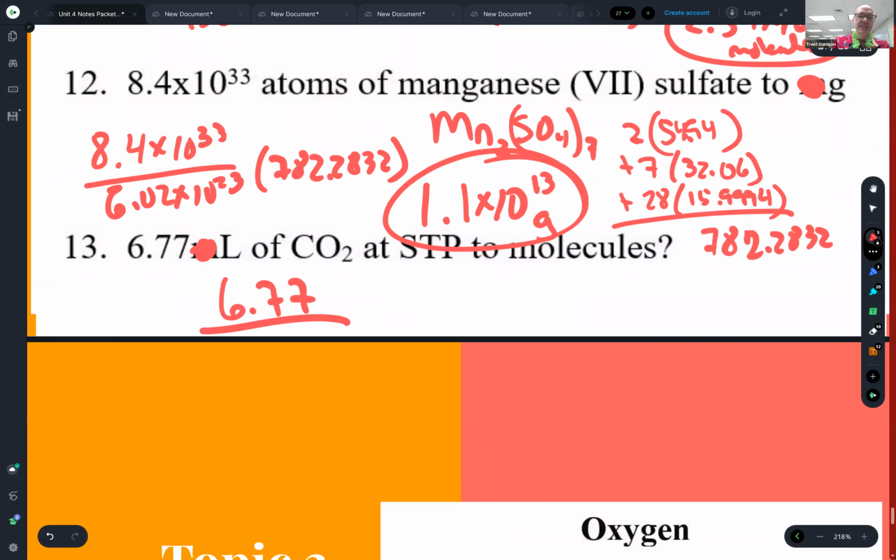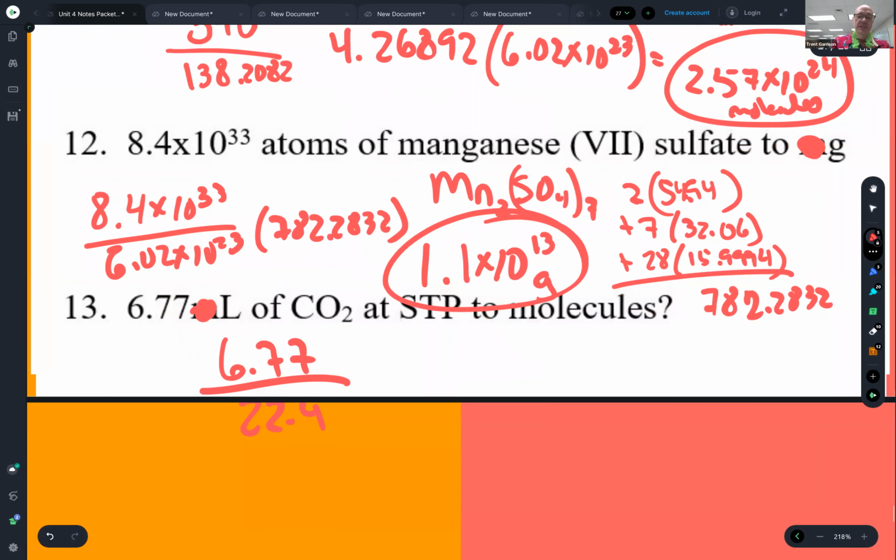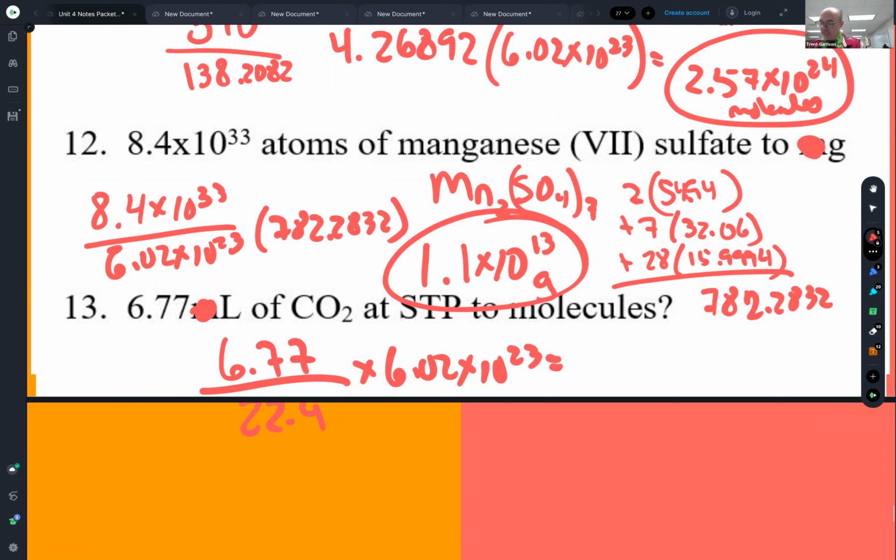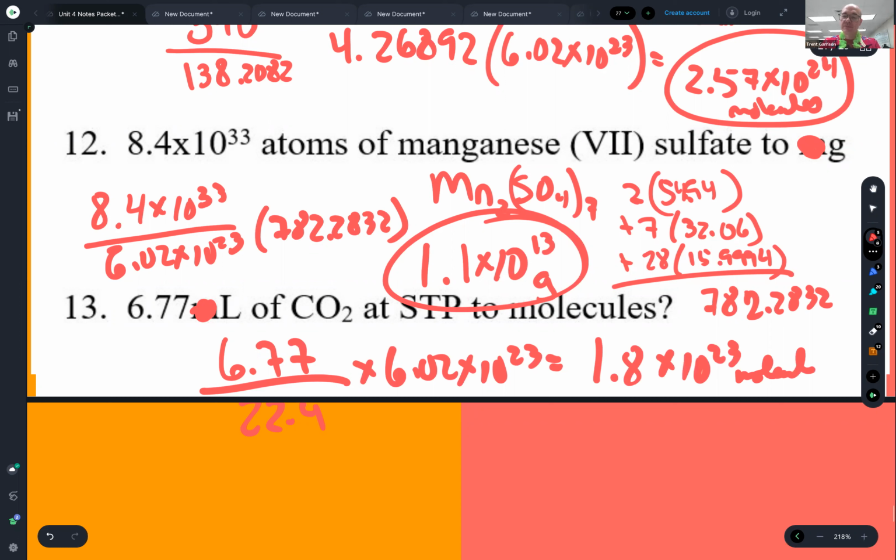I'm going to divide that by 22.4. And then I will multiply the value times Avogadro's number. So follow the mole map. So 6.77 times 6.02 e to the 23rd divided by 22.4, and I get 1.8 times 10 to the 23rd molecules. And we are done.